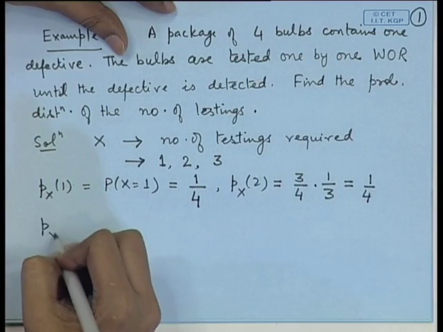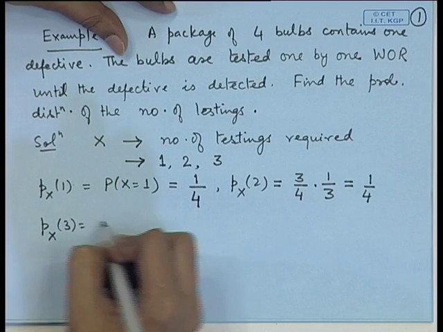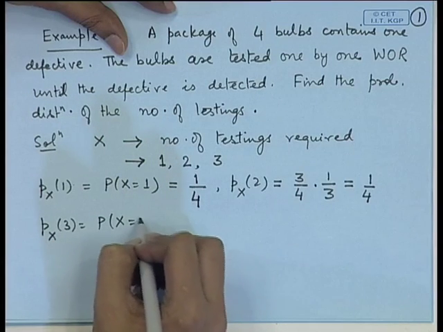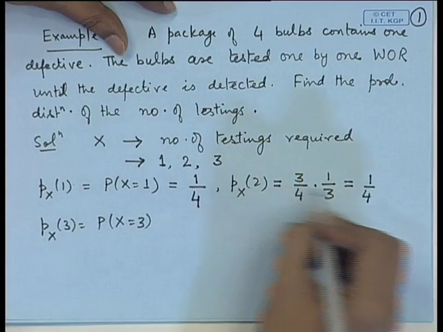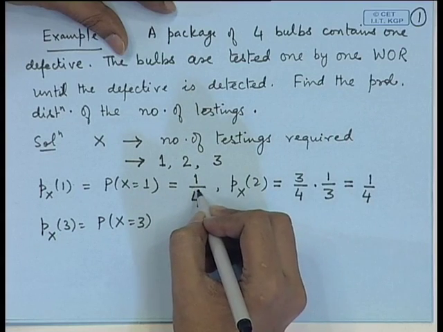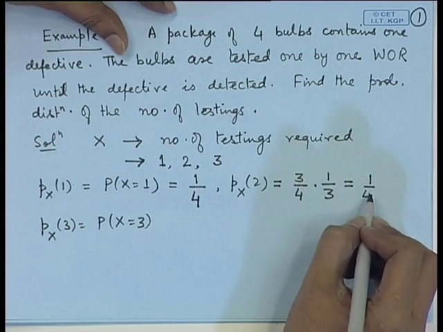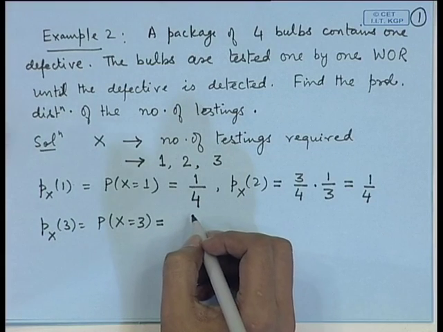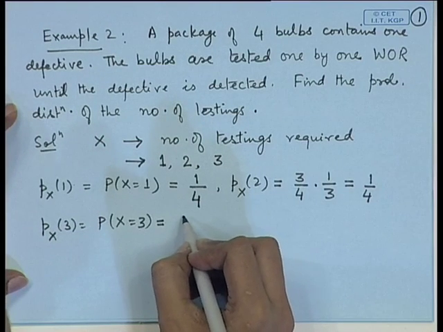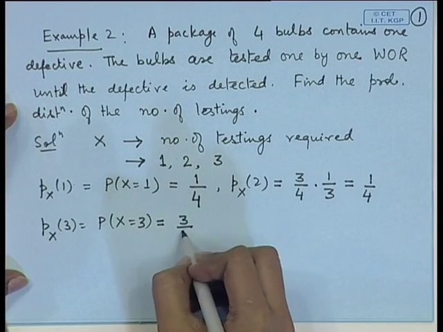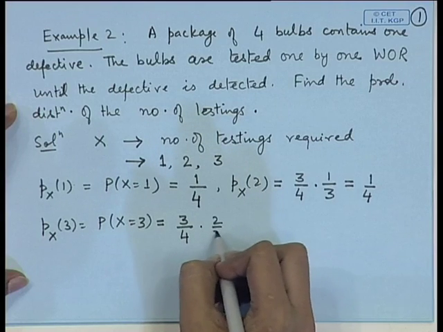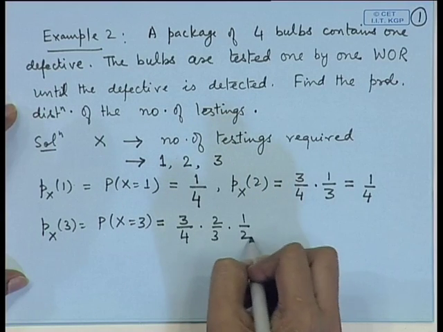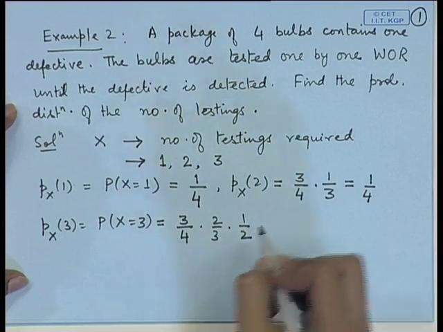If we look at P(X = 3), by direct logic it should be simply 1 minus the probability of X equal to 1 and the probability of X equal to 2. So, it should be half. Let us see how it can be evaluated directly also. The first one is not defective, the second one is not defective, and the last one is defective, but this is equal to 1 by 4.